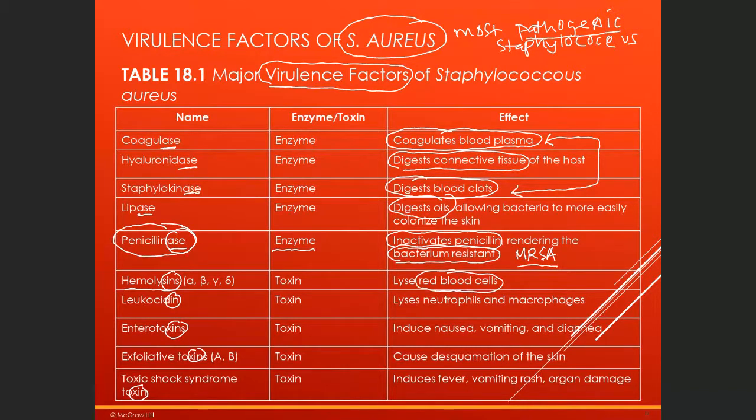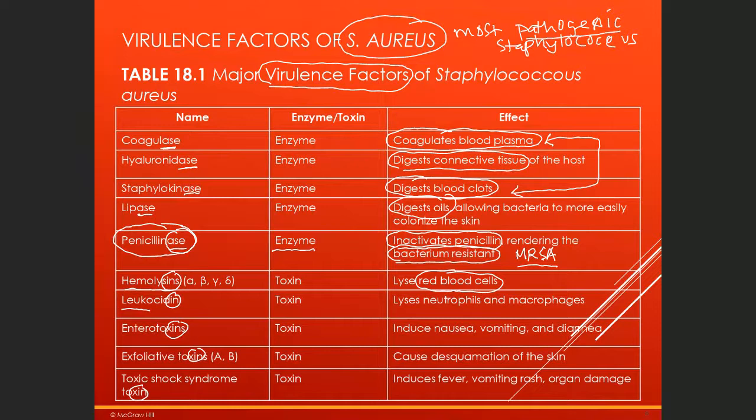There are four types of hemolysin produced by Staphylococcus aureus: alpha, beta, lambda, and gamma. And then leukocidin is the one that breaks the leukocytes. Leukocytes are white blood cells. Examples of white blood cells are neutrophils and macrophages.